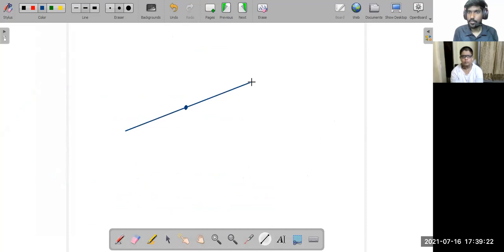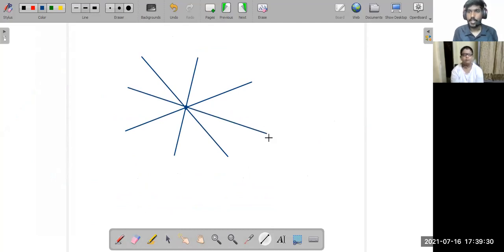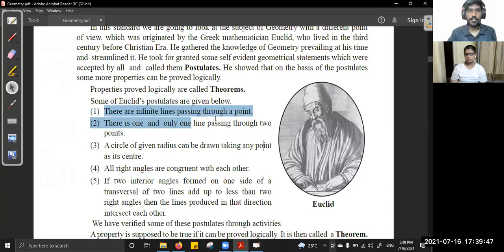This is 1, 2, 3, 4. Can I pass more lines through this point? Yes, so the answer is infinite. Now, we cannot prove this mathematically, but logically it is correct. So the first statement is a postulate: there are infinite lines passing through a point.